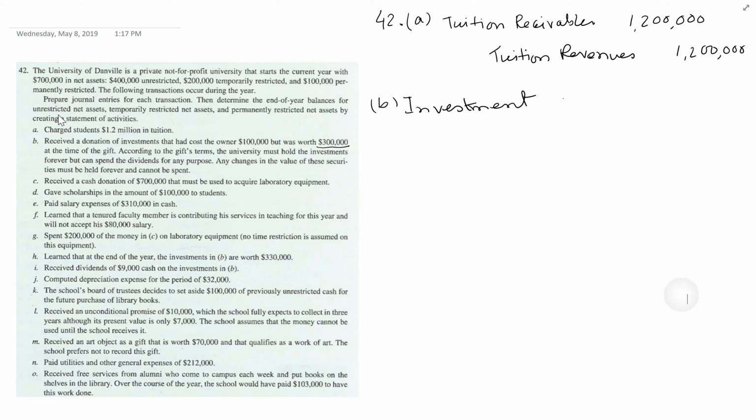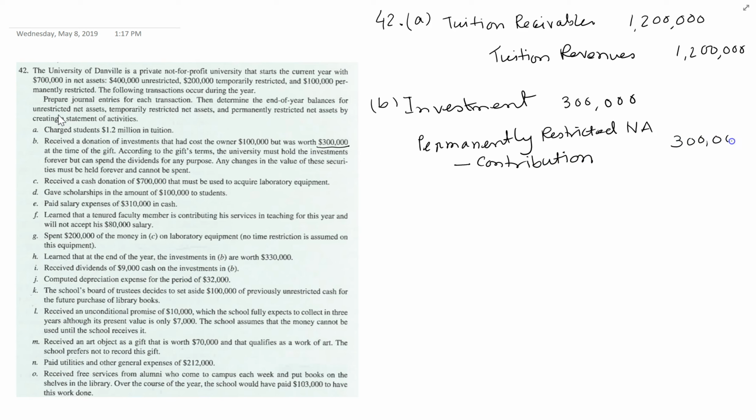So investment will be 300,000 debit, and we will credit permanently restricted net assets. I'm writing NA. NA means net assets, and you can also classify it because of the contribution. So we will write it also here, contribution, and the value will be as per the fair value.